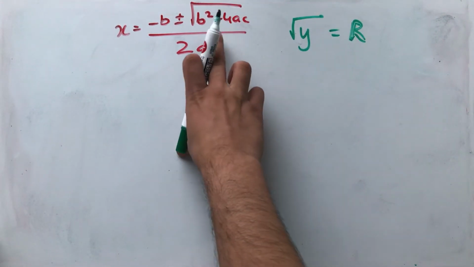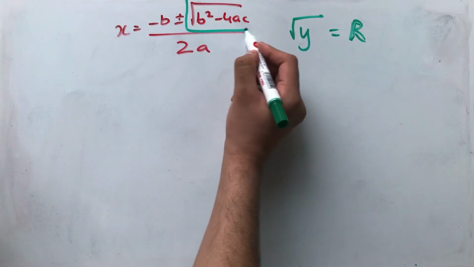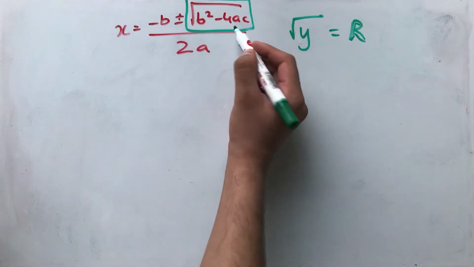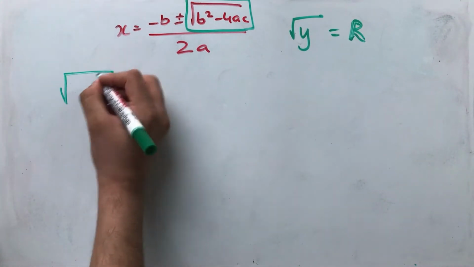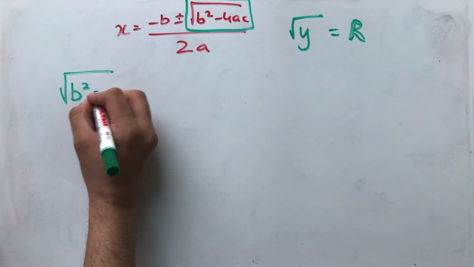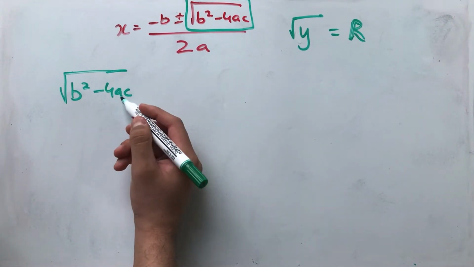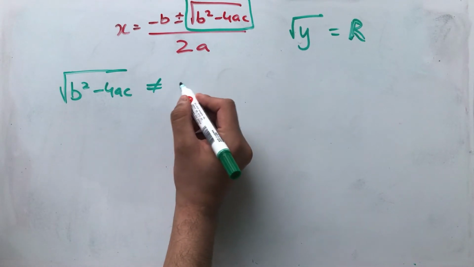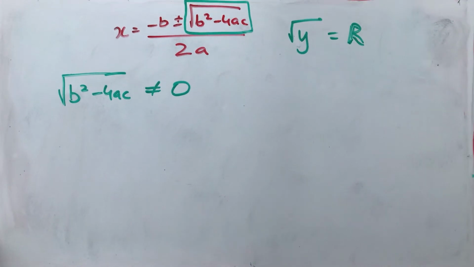Now I want you to come to this. I want you to focus for this video on this part of the quadratic formula. By looking at this part, we can say a couple of things. We know that b squared minus 4ac cannot be less than 0 for there to be a real answer, for there to be a real root.